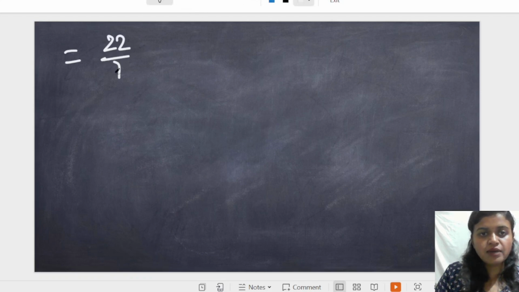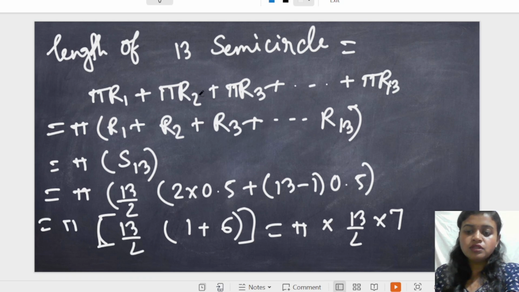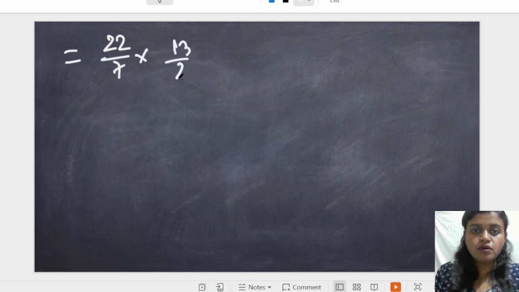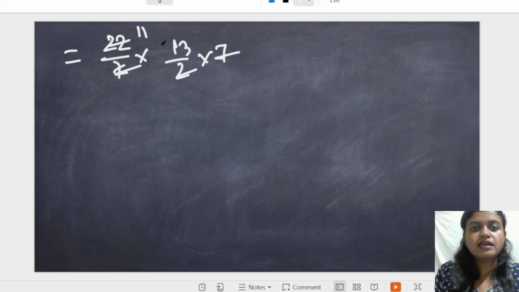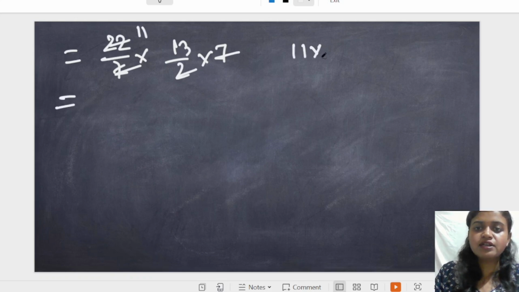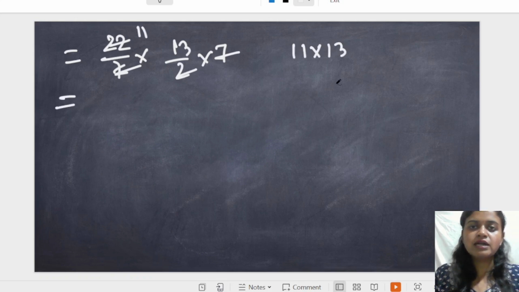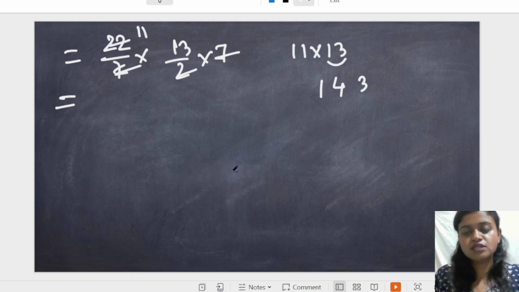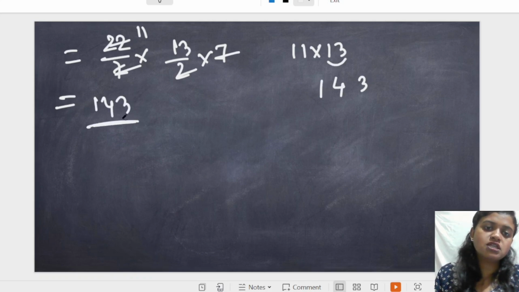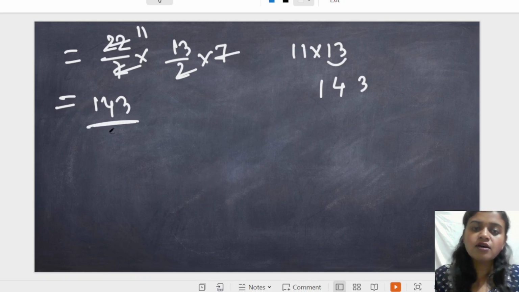Pi means 22 by 7 into 13 by 2 into 7. 7 cancels, 2 into 11 is 22, so 11 into 13. We know the trick: whenever we multiply by 11, we write 3 and 1 at the ends and add the middle digits, 1 and 3 give 4. So 143 is the answer. The length of 13 consecutive semicircles is 143.